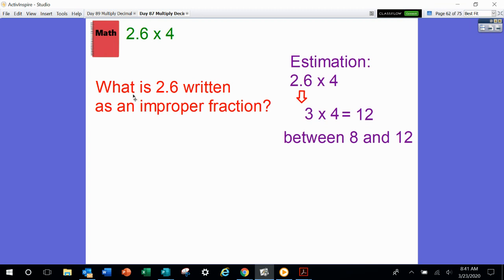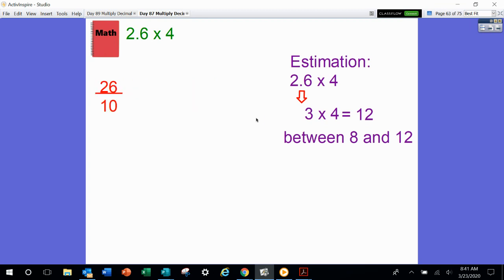Okay? Now, what is 2 and 6 tenths written as an improper fraction? Well, that would be 26 tenths.